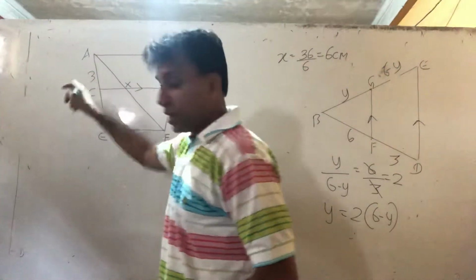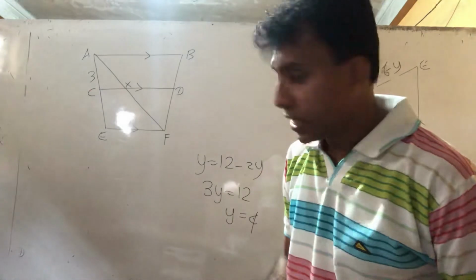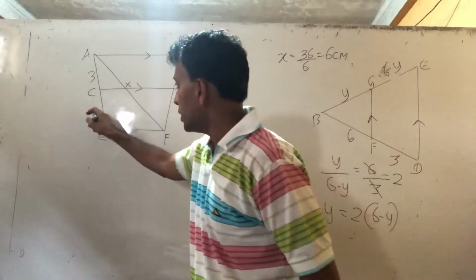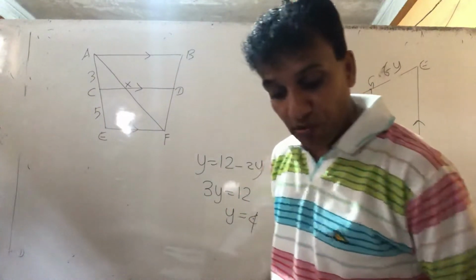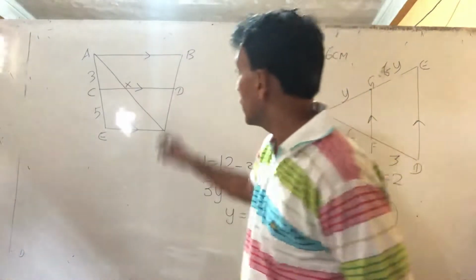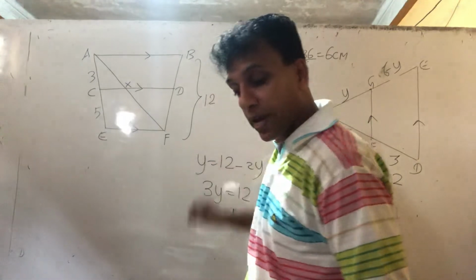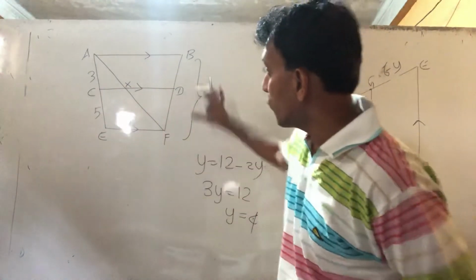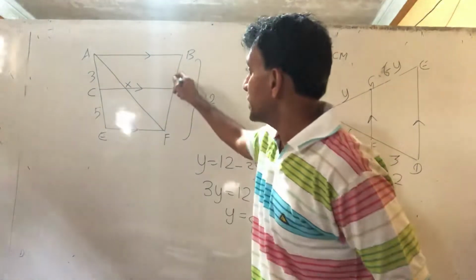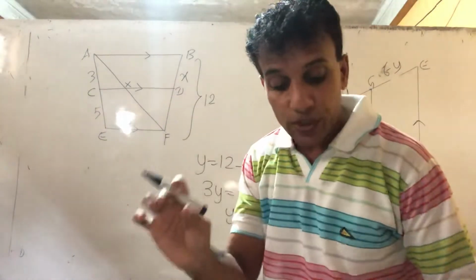AC equal to 3, CE is 5, BF is completely 12. Find the BD. I say BD is X.